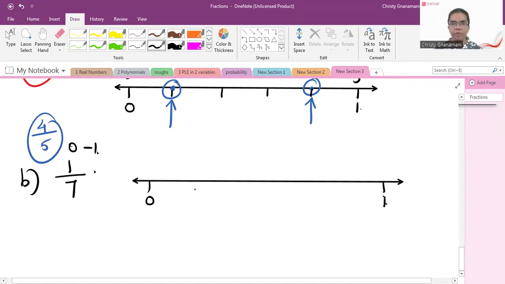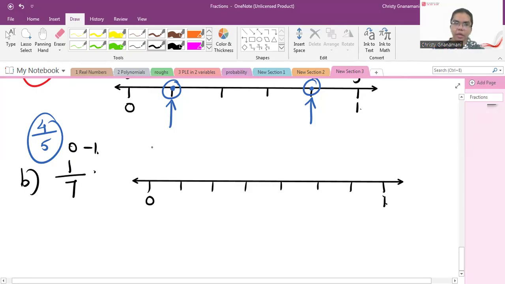So let's try to divide it into 7 equal parts. How many lines should be drawn in between? You have to draw 6 lines and not 7 lines. Remember, you should draw 6 lines. So now it's divided into 7 equal parts.